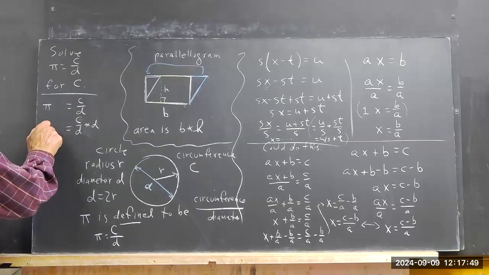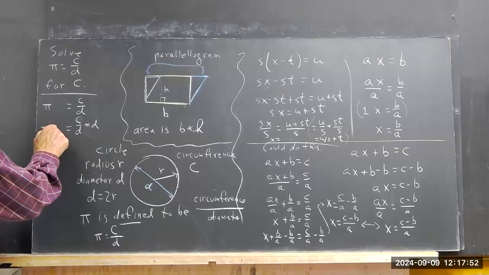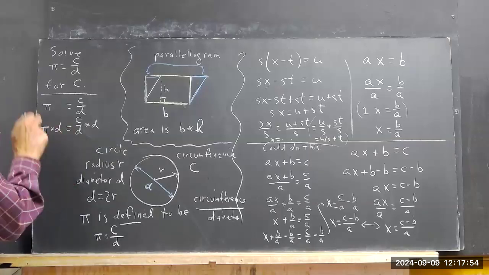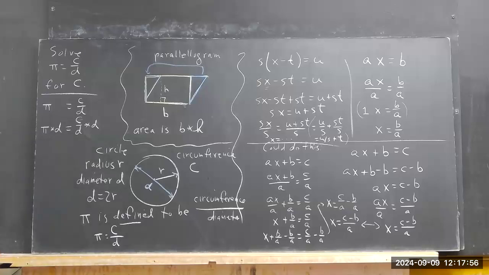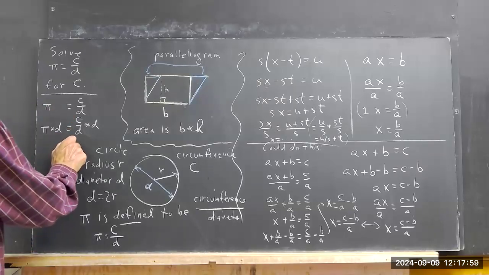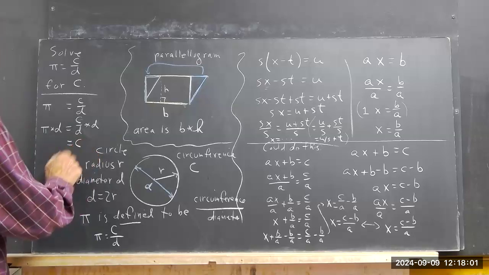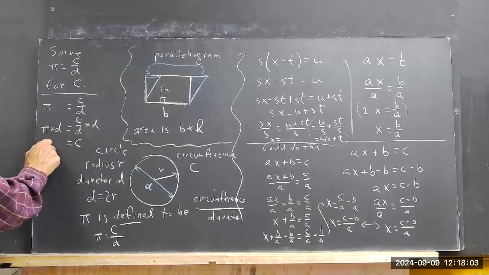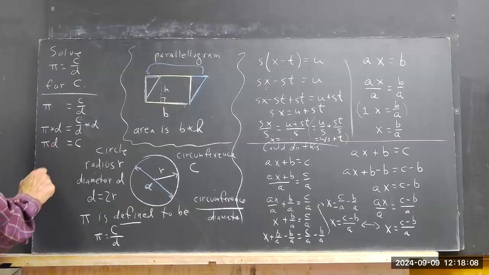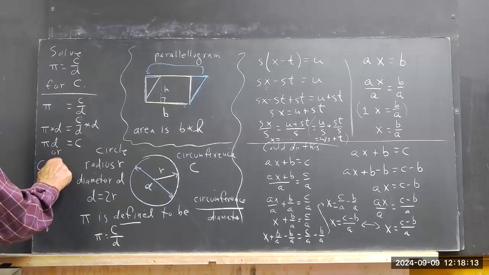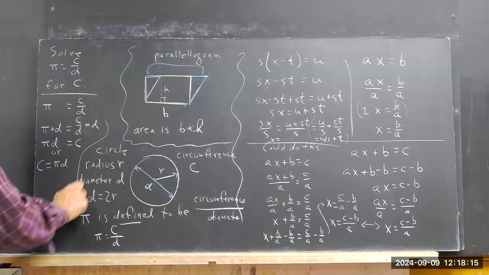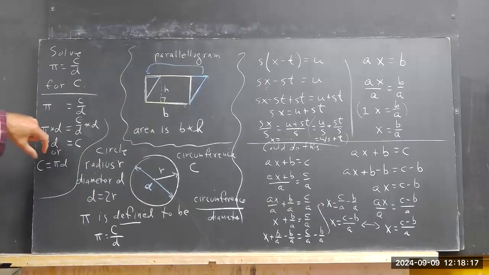So if I multiply this side by D, this side's going to simplify to just C. And of course, we can flip the two sides around, same thing. Okay, and there it is.